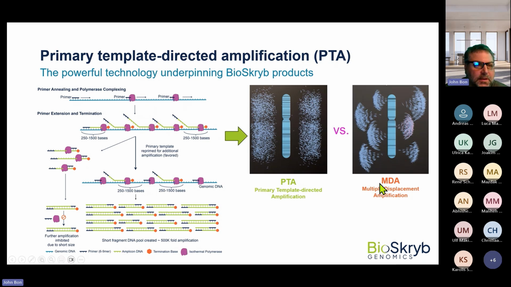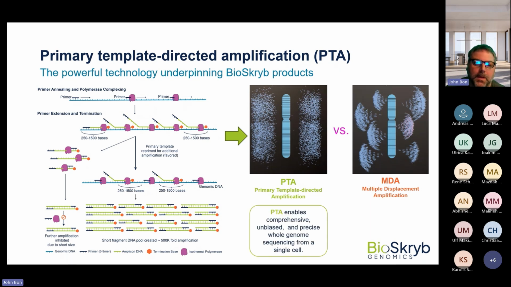With MDA, you get 40 to 70% of the genome covered. Then with the next cell, a different 40 to 70% of the genome covered, so you get a lot of allele dropout. With PTA, because the coverage is so great, not only can you look at copy number variation, but you could also look at single nucleotide variants and structural variants from the same experiment, from that same single cell, just based on how deeply you sequence.